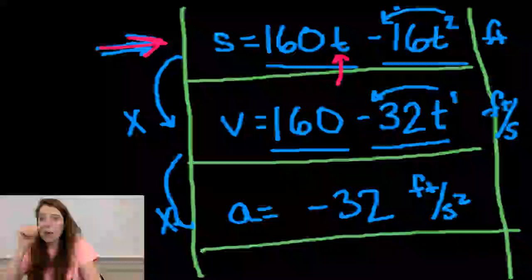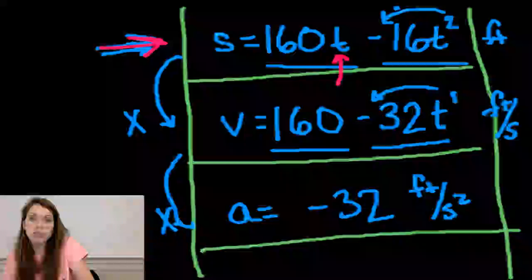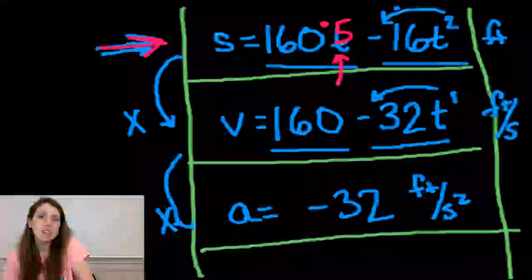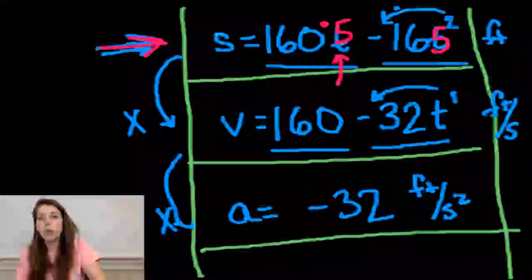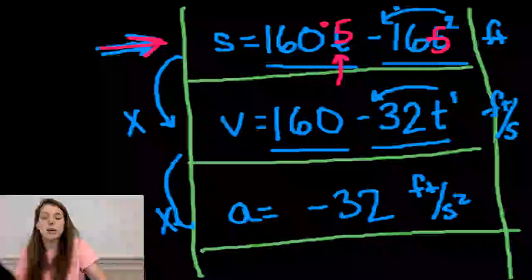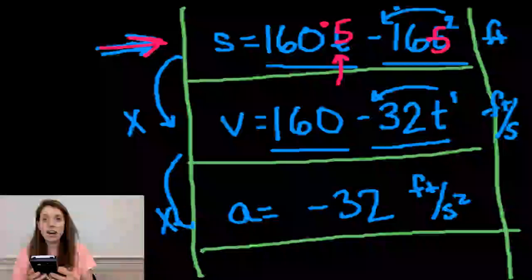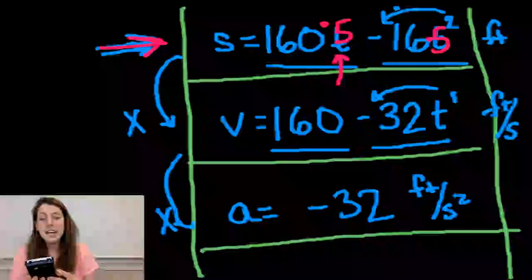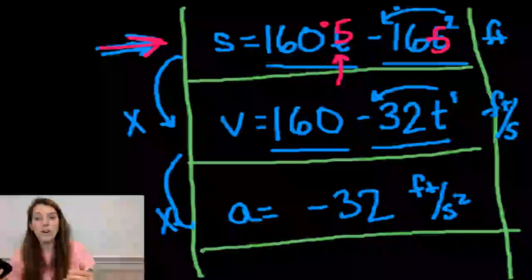So, 160 times 5, and then minus 16 times 5 squared. We'll plug this into our calculator: 160 times 5 minus 16 times 25, right? 5 squared. And the answer is 400.